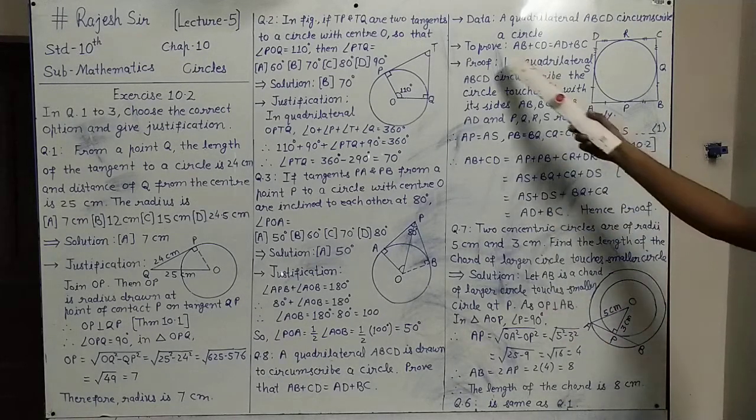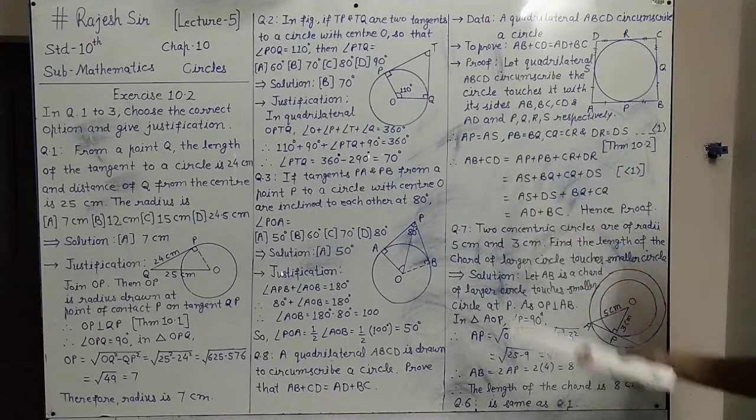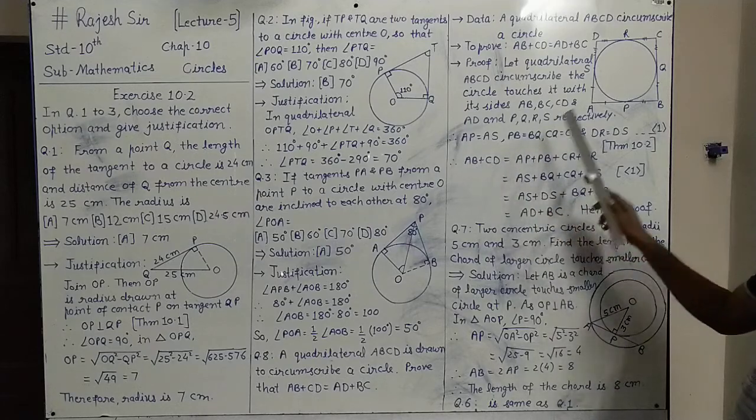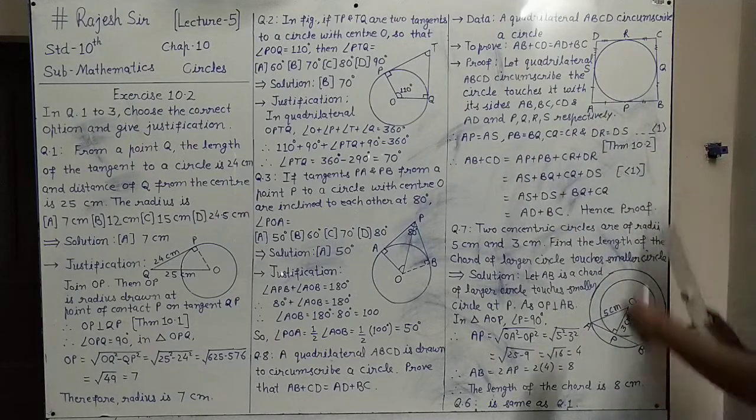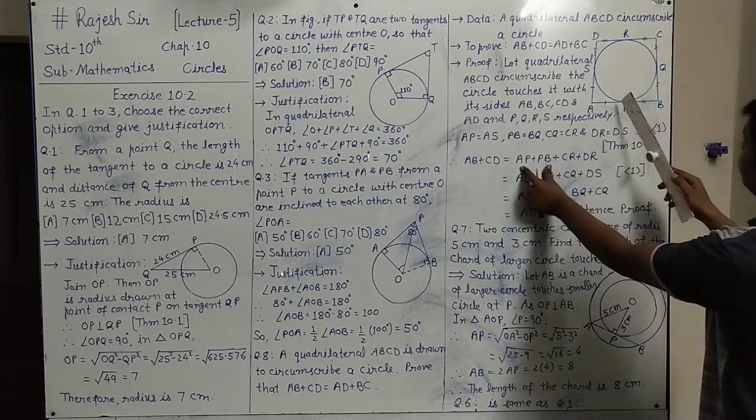Now we take the proof of that. The left side, AB plus CD, I have taken, equals this AB. Full AB can be written as the sum of AP plus PB. In place of AB, you can write the sum of AP plus PB.